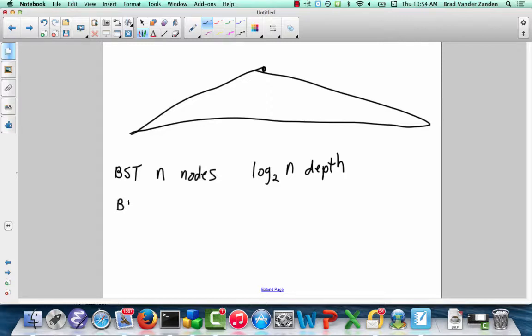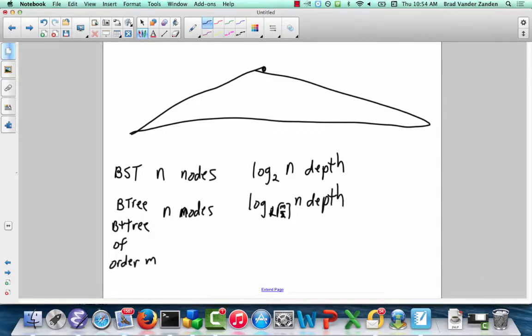But a B tree and a B plus tree with n nodes of order m has roughly, minimally, log base m divided by 2 of n depth instead of log 2.